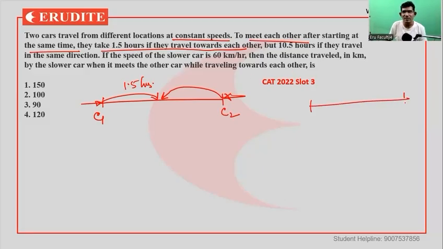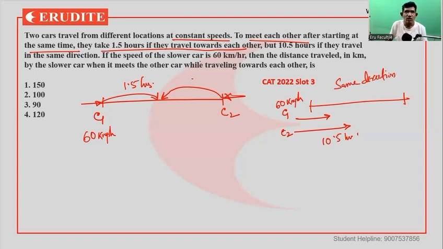So I'll stick to towards each other. So C1 and C2. To meet each other they will take 1.5 hours, but if they move in the same direction, then it will take 10.5 hours. Now, the speed of the slower car is 60. Thus, C1 is the slower one and its speed is 60. This is the opposite direction and this is the same direction.